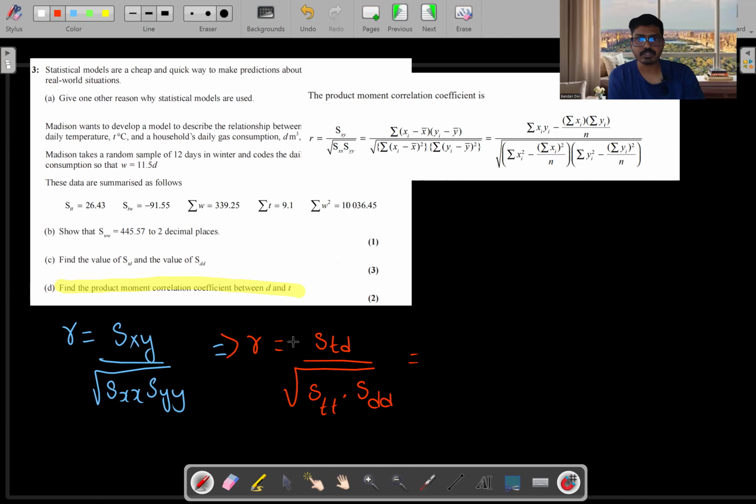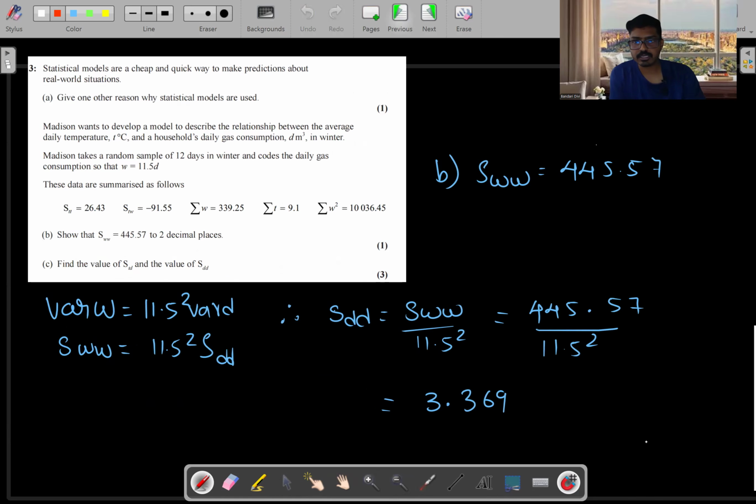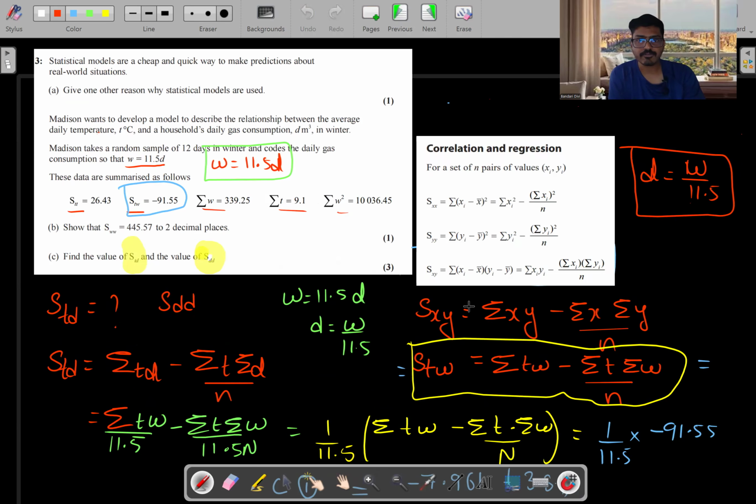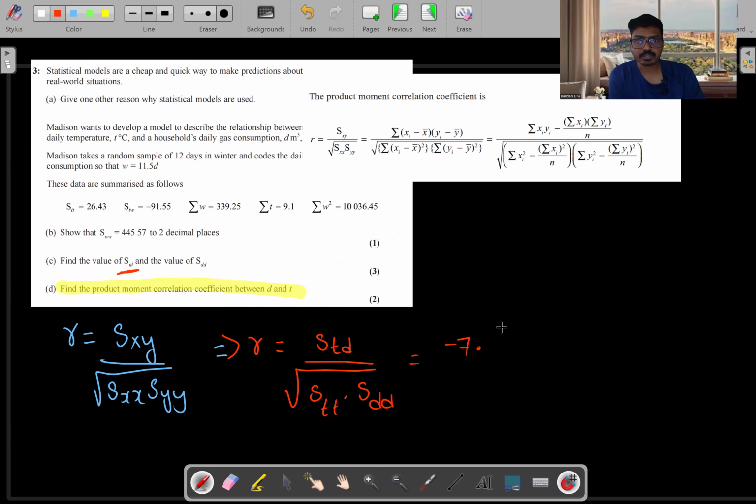What is our STD value from the previous question? From the previous part, it was negative 7 point something. You need to look at the previous part.